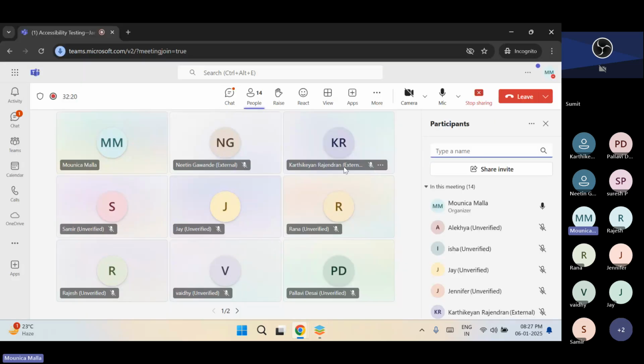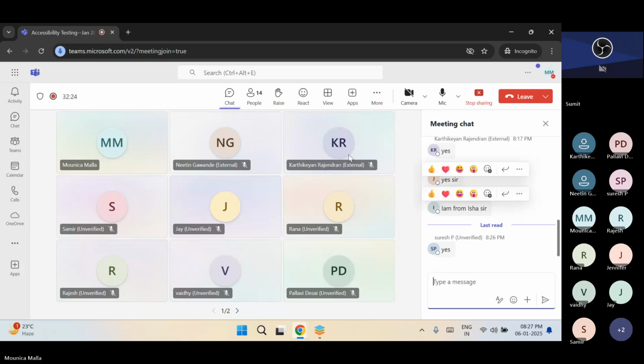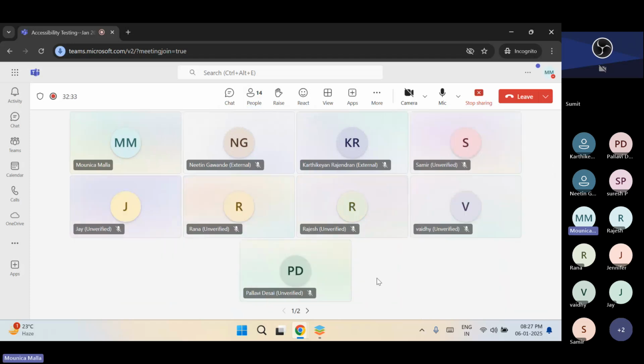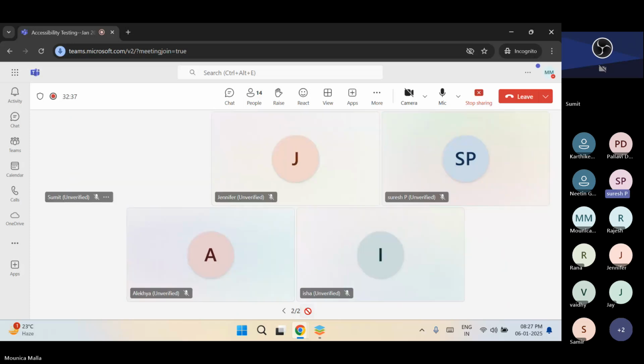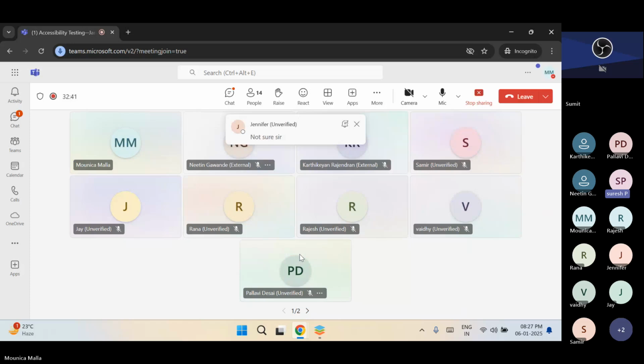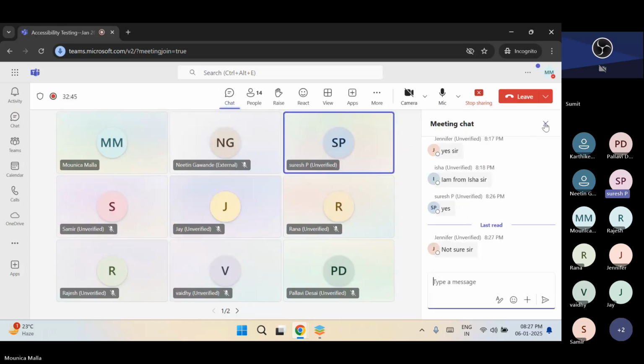Guys, unmute and let me know the answer. Is someone speaking or not aware? Yes, we can see the text box about the from and to while selecting any option.